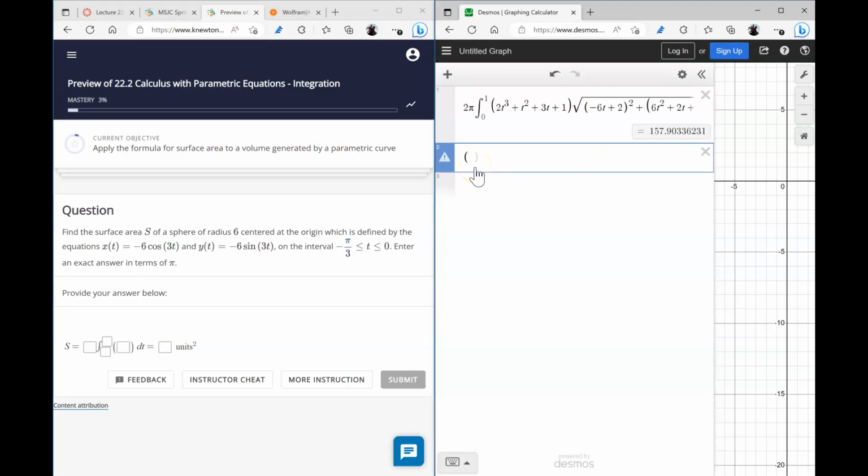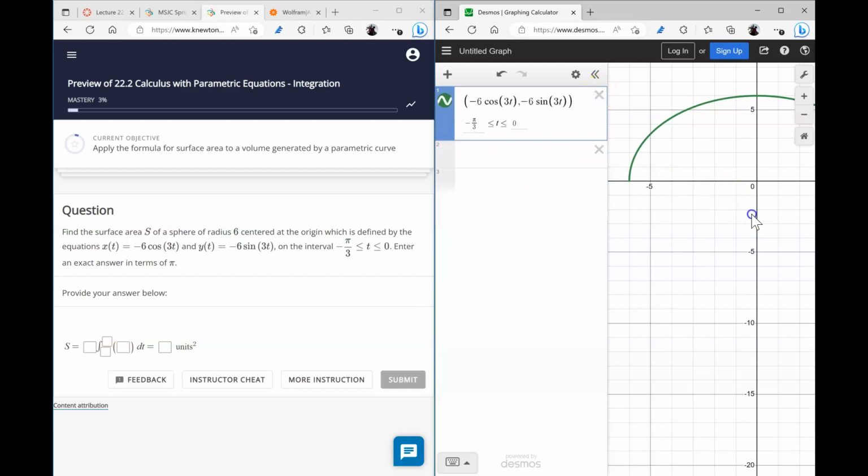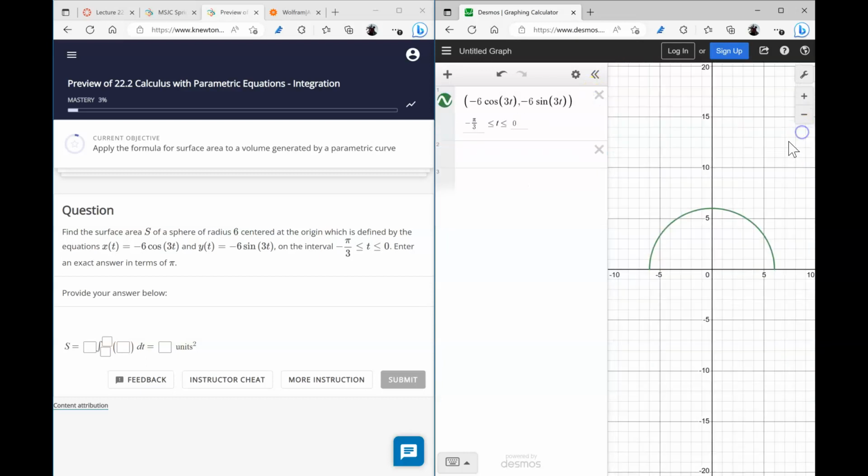We have negative 6 cosine of 3t, comma, negative 6 sine of 3t, and t goes from negative pi over 3 to 0. So it must be rotated around the x-axis, right?